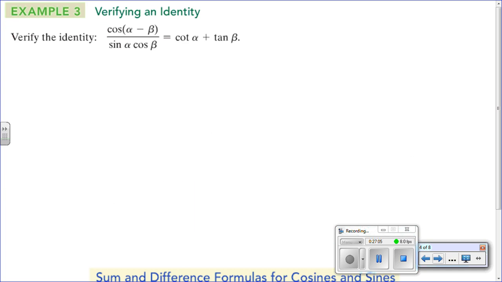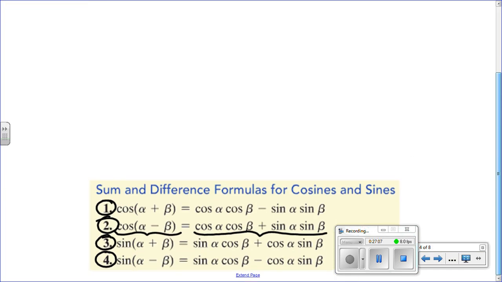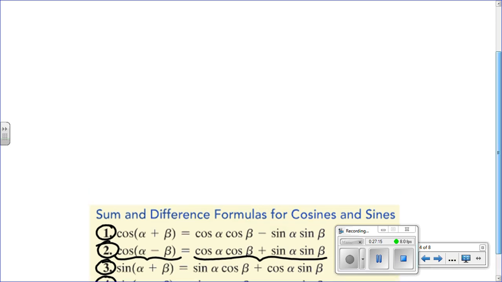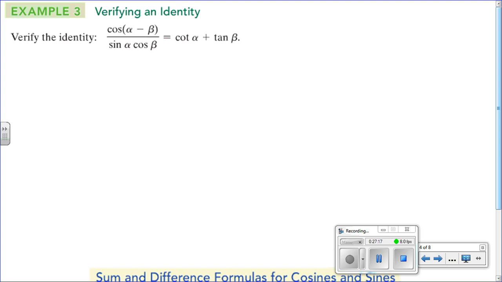Got it. Okay, so here we have formulas 1, 2, 3, 4. So we're going to be using those. I'm not going to prove all of them. It was only the second one. So here we're going to verify an identity, your favorites. So the cosine of the difference of 2 angles is the same formula that we've been using.